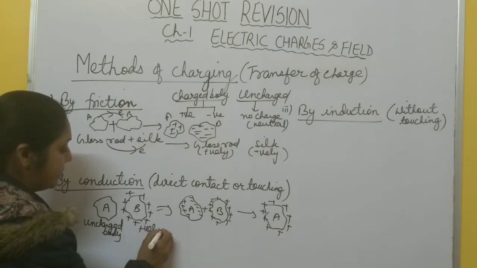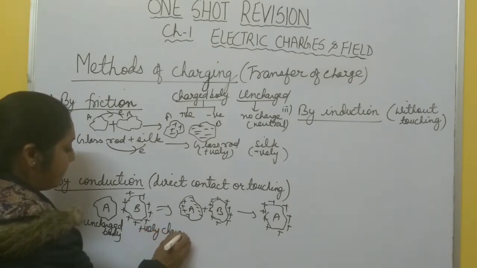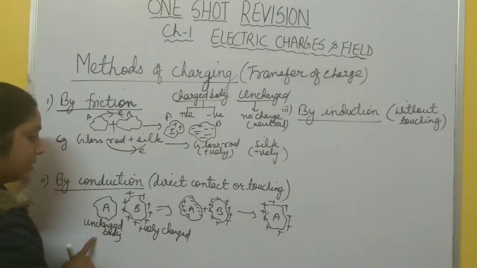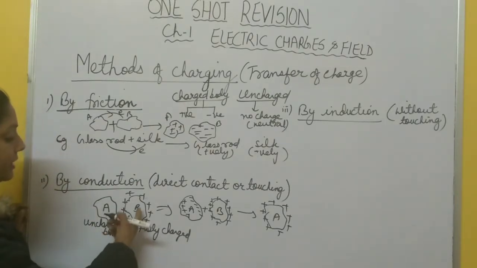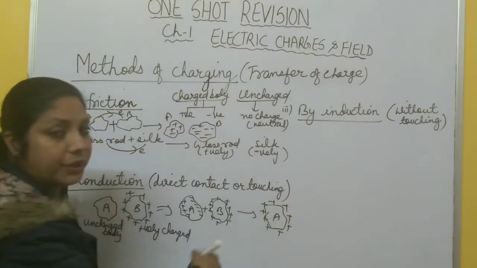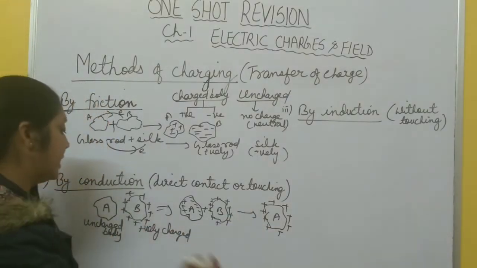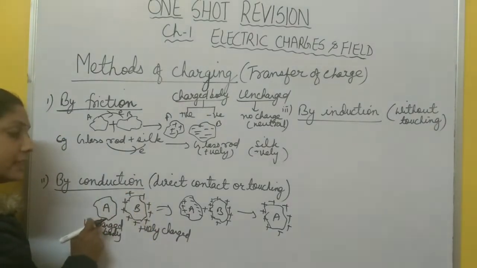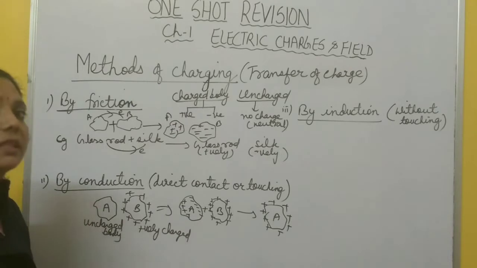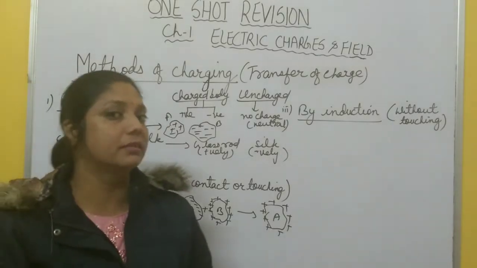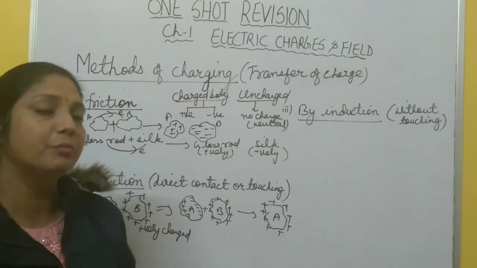Here it is positively charged. So the uncharged body can be charged with the same polarity as that of the charged body. So this uncharged body also becomes positively charged. If this charged body is negatively charged, then this uncharged body also becomes negatively charged, right? So by conduction method, we can charge a body with the same polarity.